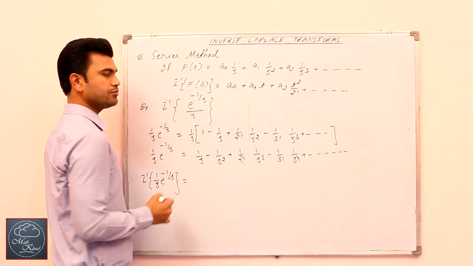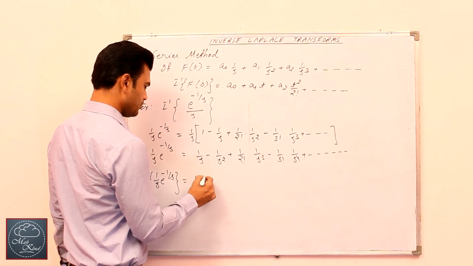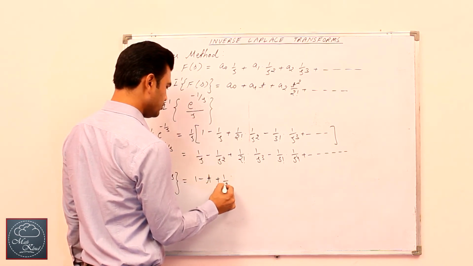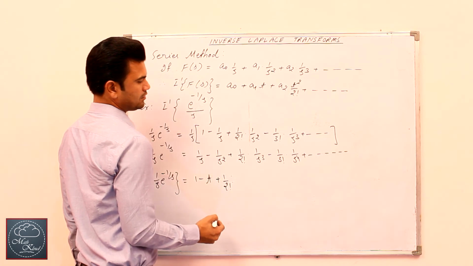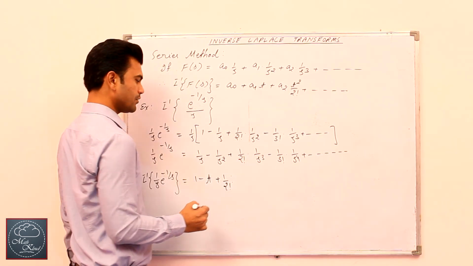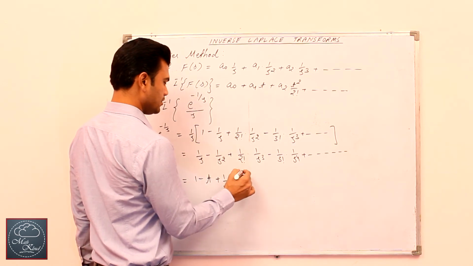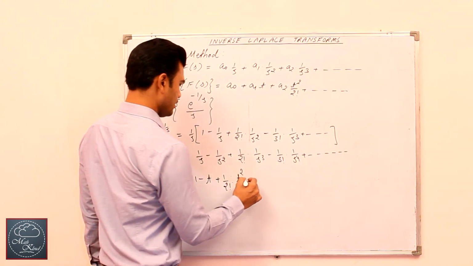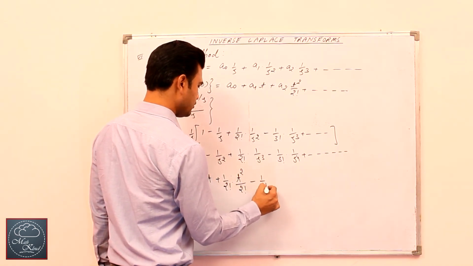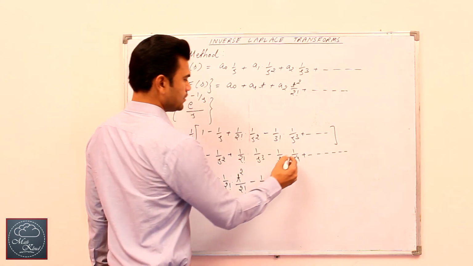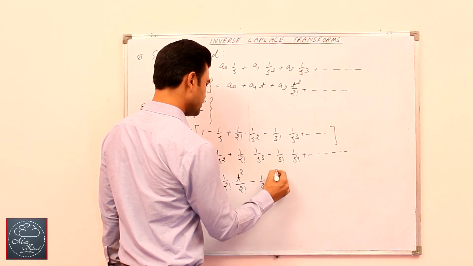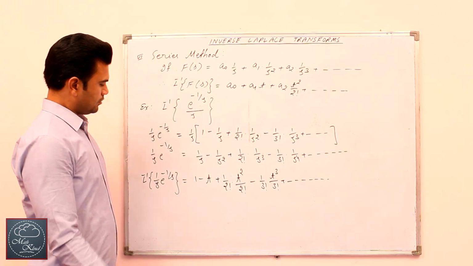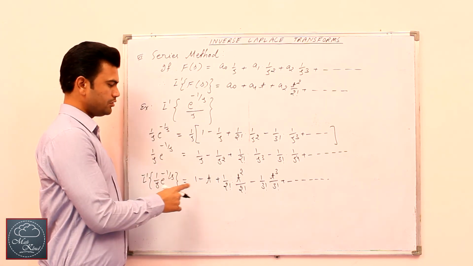So the inverse Laplace transform of 1 by s will be 1, minus the inverse transform of 1 by s square, which is t, plus 1 by 2 factorial into the inverse Laplace transform of 1 by s power 3, which will be t power 2 over 2 factorial, minus 1 by 3 factorial into this, which will be t power 3 over 3 factorial, and so on. So this is the inverse Laplace transform of your function.